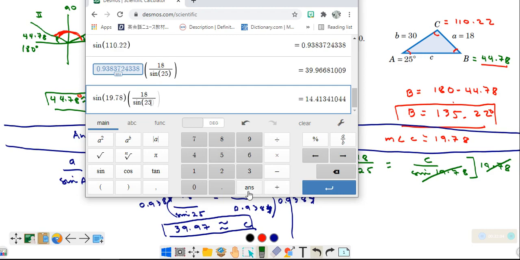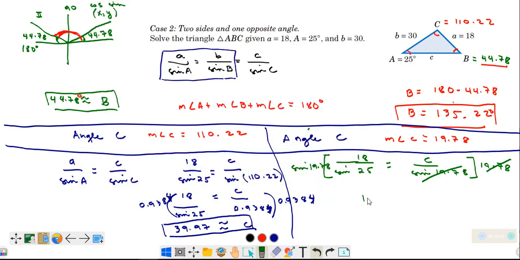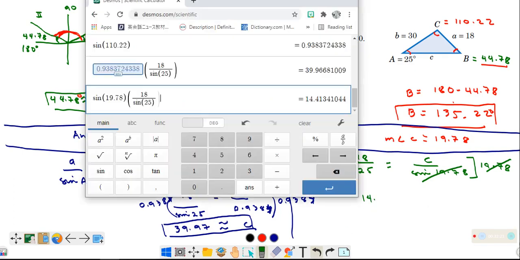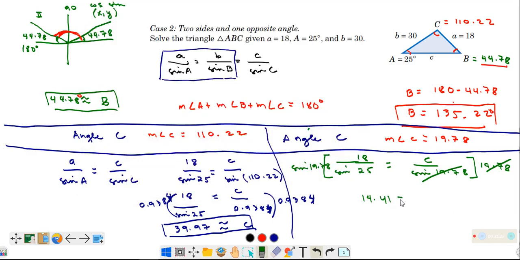O, di ba hindi masyadong marami yung ginamit na outline, kuha ka agad yung sagot. So, aralin nyo rin kung paano magdire-diretso ng computation, okay? So, we have 14.41 is equal to C.